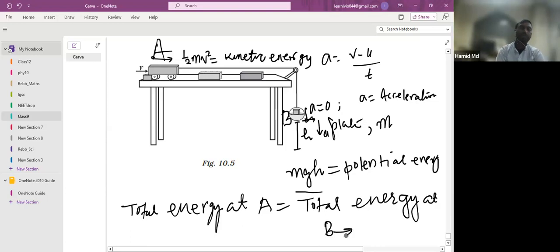This is called the conservation of energy. Any doubt?